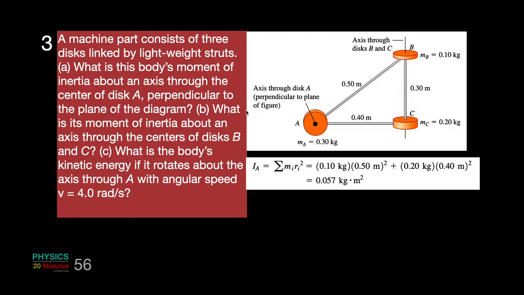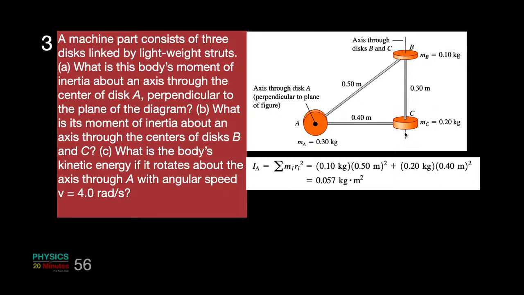What is its moment of inertia about an axis through the centers of discs B and C? So the other axis passes through the centers of B and C, that is along this axis. So what will be the moment of inertia then? You will find that the same logic will apply since B and C are on the axis.